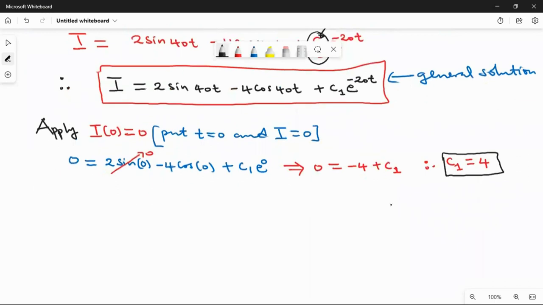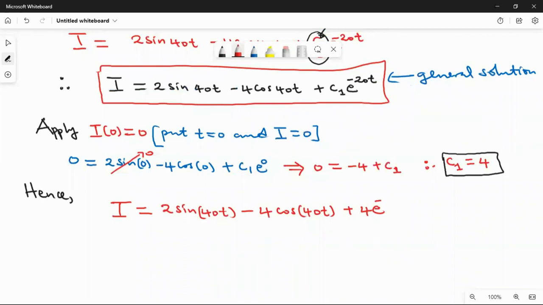So hence, let's replace C1. You write here hence. Now we can talk of our current I being equal to 2 sine 40t minus 4 cos 40t, then plus 4 exponential negative 20t.